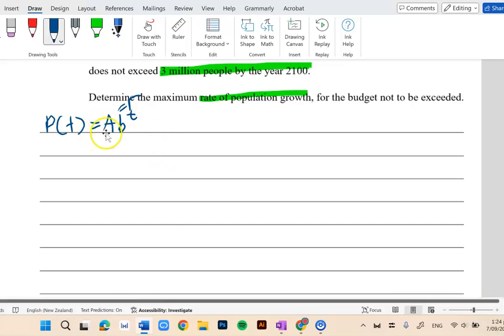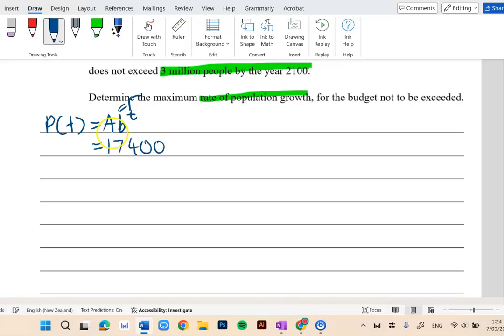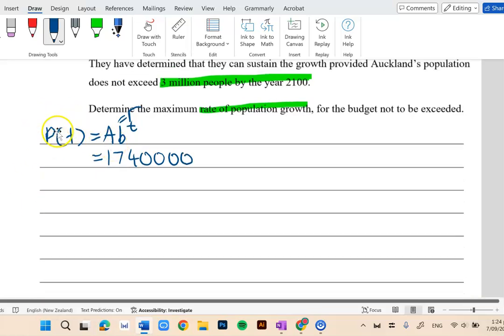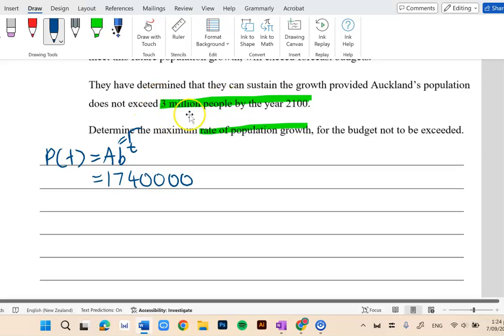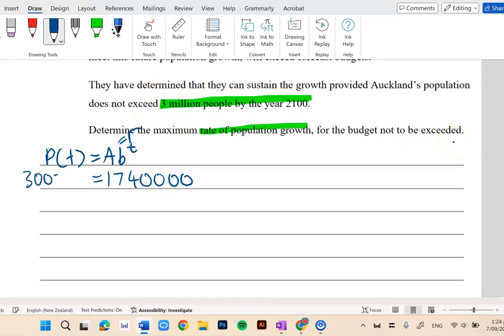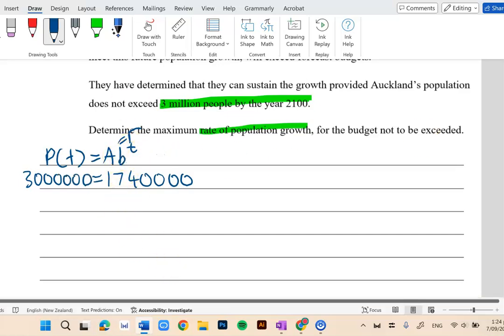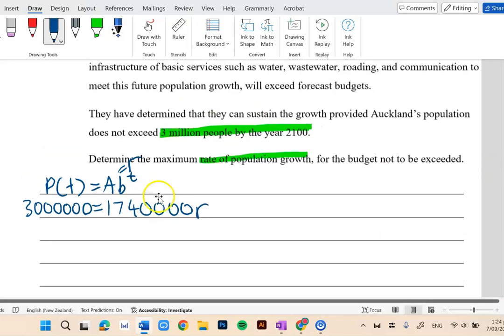So this a is still going to be the 1.7 million. This Pt here will now be this future population, 3 million. So 3 million. The b, we're just going to call it r. We don't know what that is. That's what we're trying to find. And the t, the time.